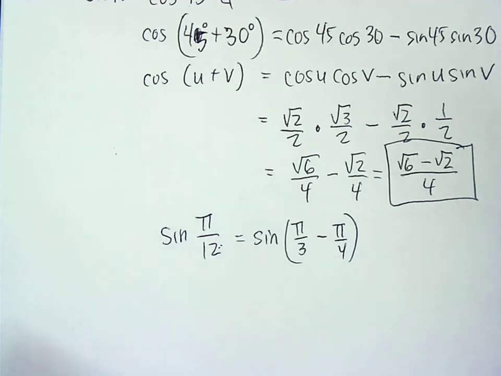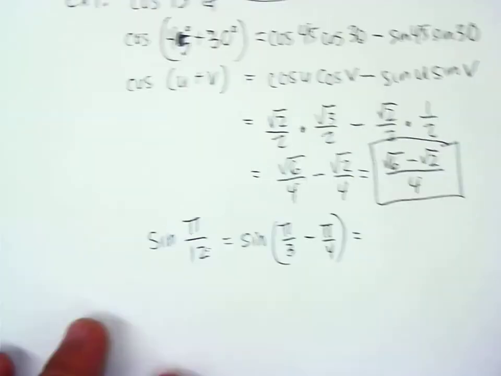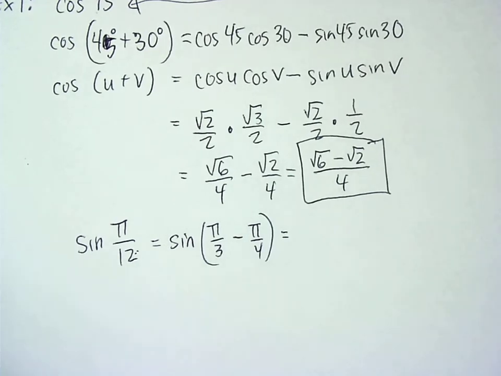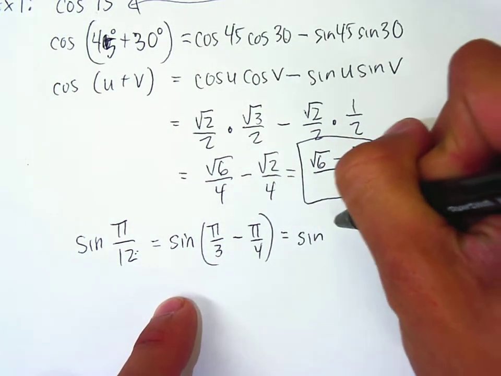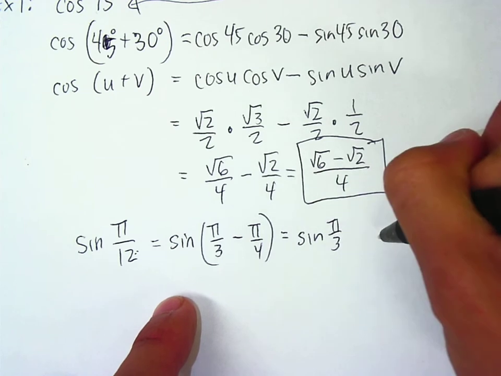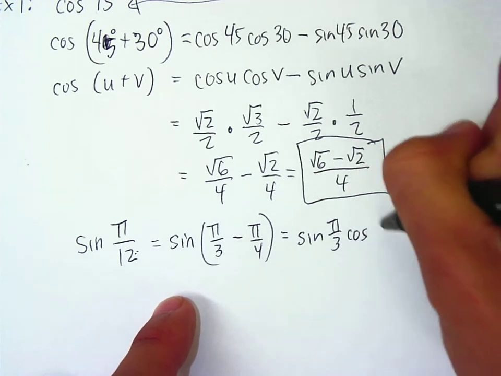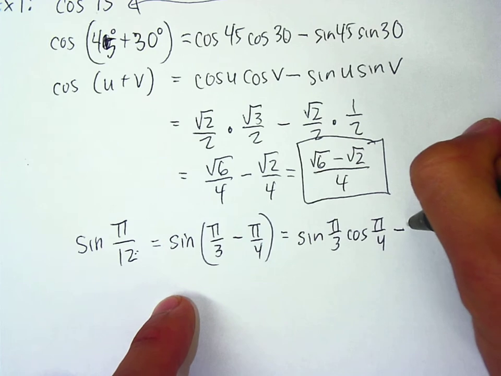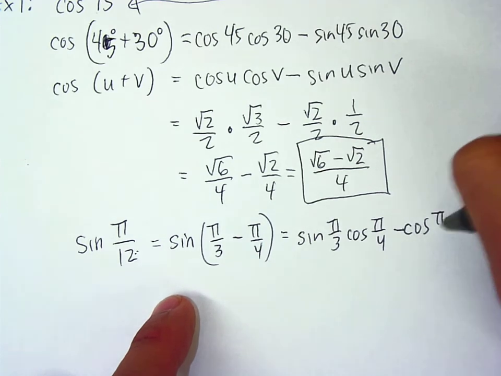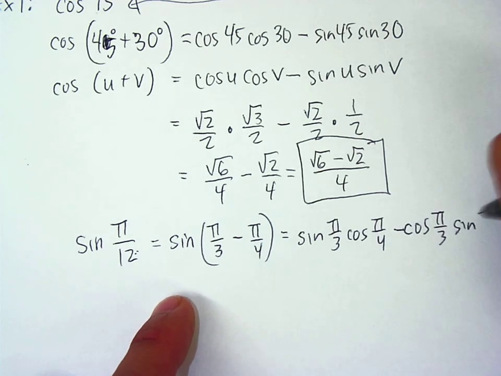And then from there, I just follow my sum and difference formula for sine of u minus v. So it would be sine of pi over 3 times cosine of pi over 4 minus cosine of pi over 3 times sine of pi over 4.